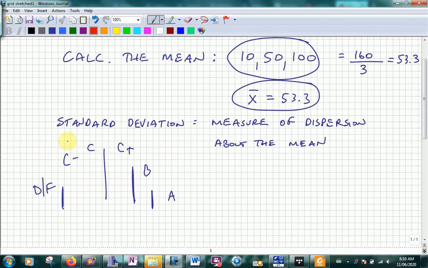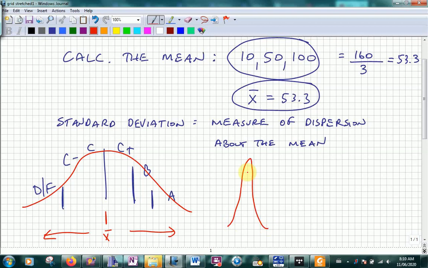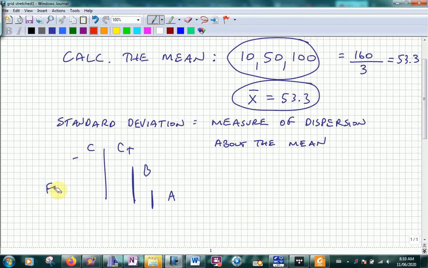Okay, bell curve. Dispersion about the mean. If this is where our mean is, how widely dispersed is it? Is it possible to have a class that looks like this? Everybody's got a C plus or a B. One kid's got an A, one kid's got a C minus. Yeah, that happens, right? So that's what standard deviation is.